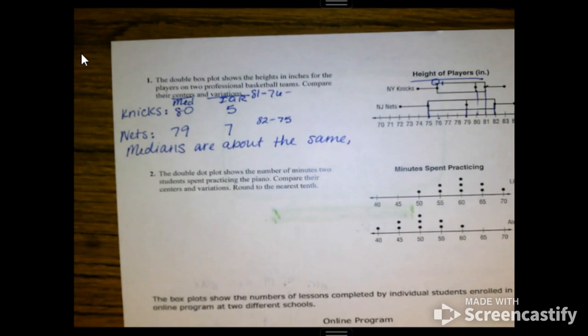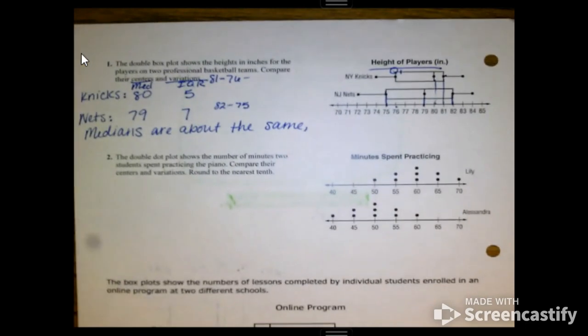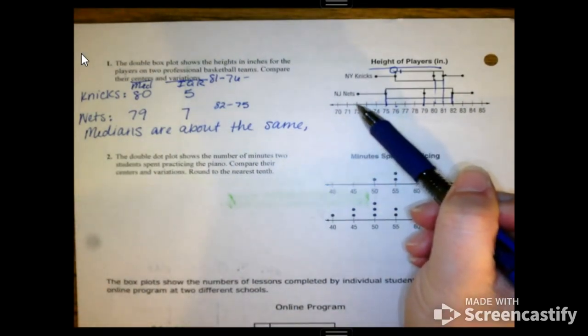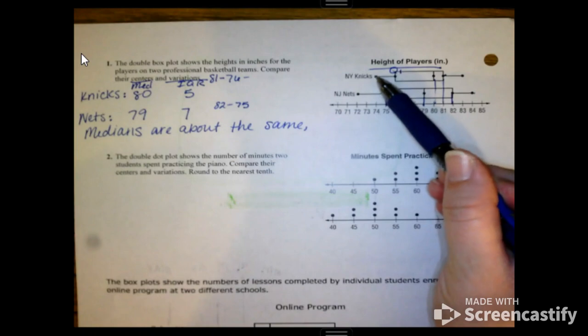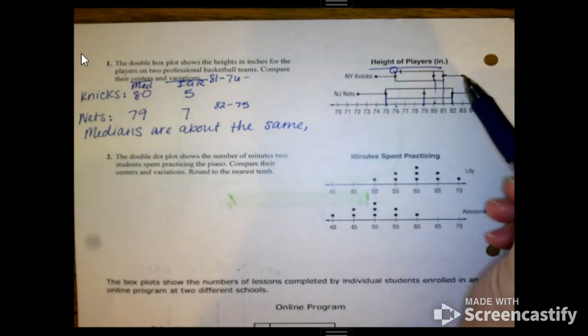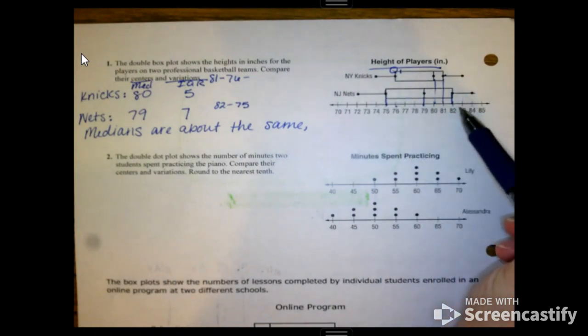What could we write regarding the differences in heights for each team? Okay, so the Nets, their shortest player is at 72. Their tallest player is at 84. All right, the Knicks' shortest player is at 74, and their highest is 83.